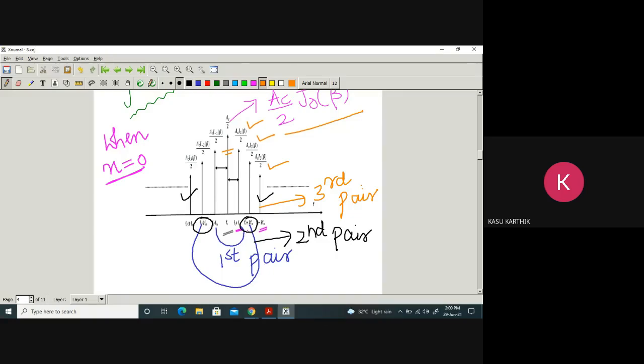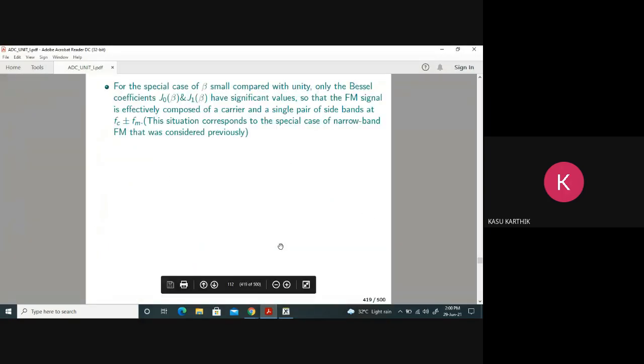Now what is the difference between each sideband? How much is the distance? Fm. Each sideband is separated by Fm. So this is about the spectrum of the FM signal.